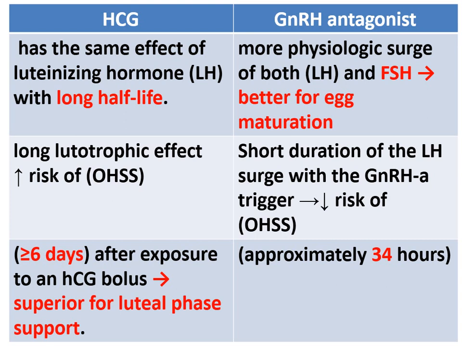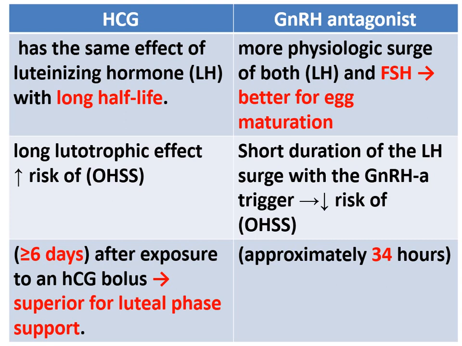HCG has the same effect of LH with long half-life, so its effect is prolonged up to 6 days after exposure. So this is an advantage and a disadvantage at the same time. It is an advantage because it is a good support of luteal phase. It is a disadvantage because it increases the risk of ovarian hyperstimulation.